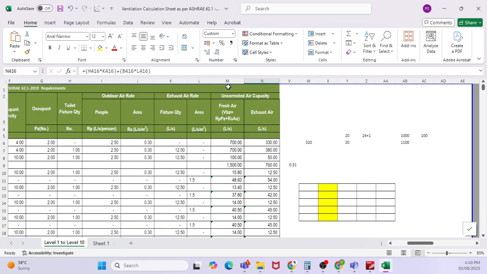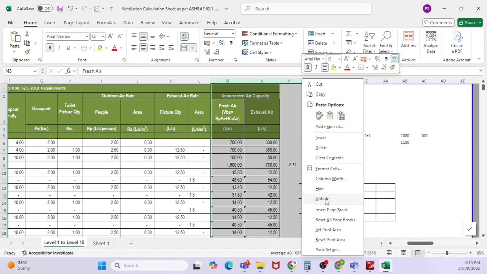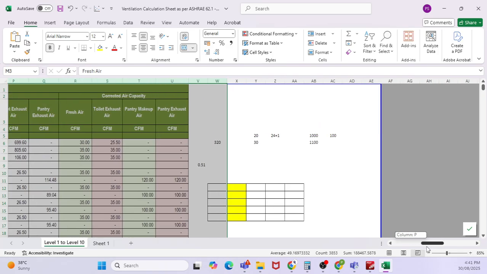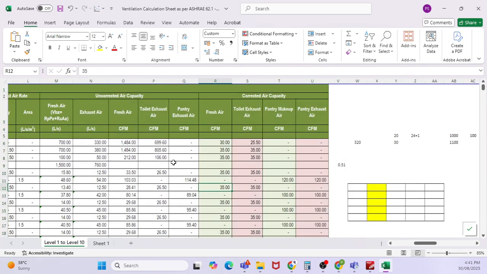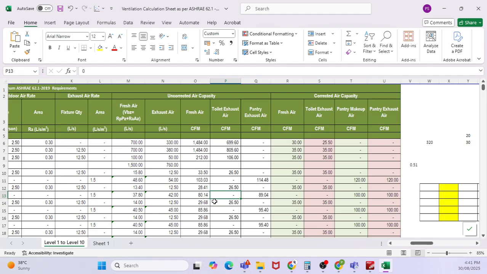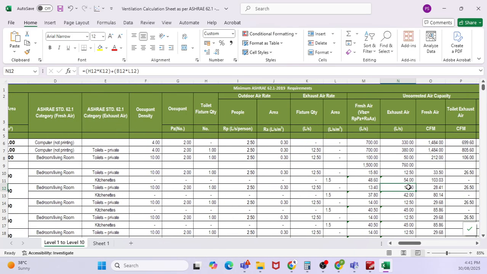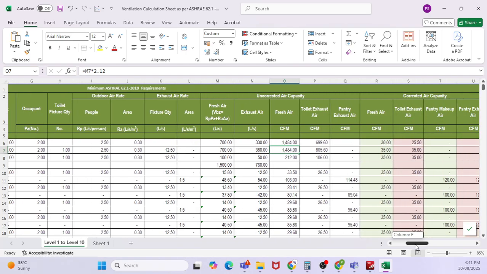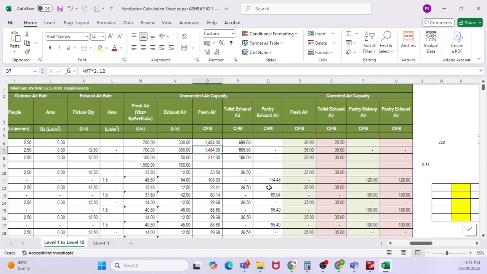Okay, now if I go to this particular one, when you try to calculate your exhaust here, there are different exhausts.